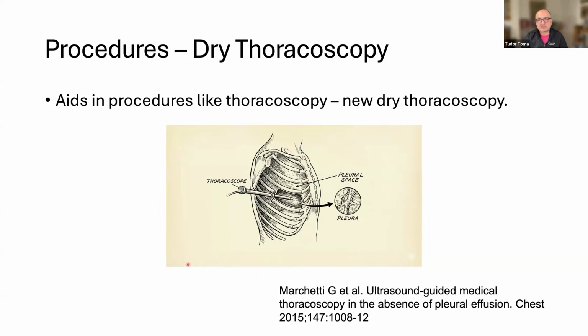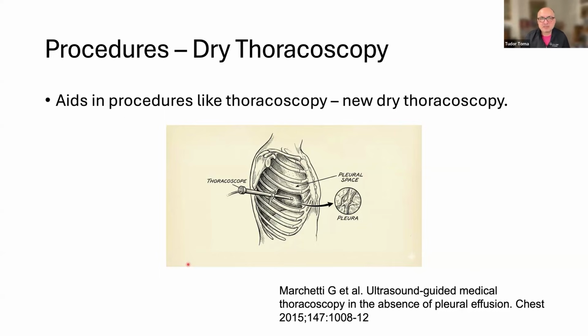And that's a much more complex complication than just not being able to do the procedure. However, with the thoracic ultrasound, you can easily see if there is pleural sliding. And if there is pleural sliding, that means you can carefully create an iatrogenic pneumothorax by advancing a needle slowly, again, under ultrasound guidance if you want.